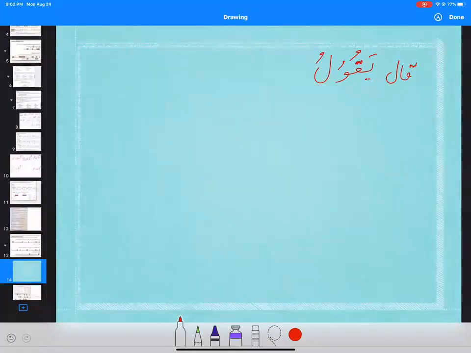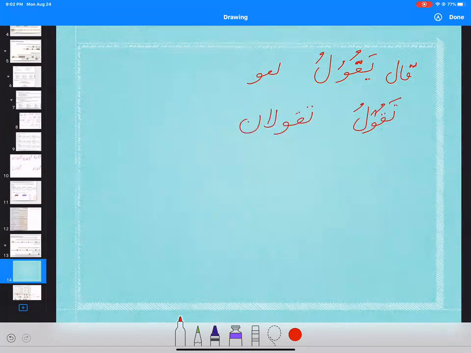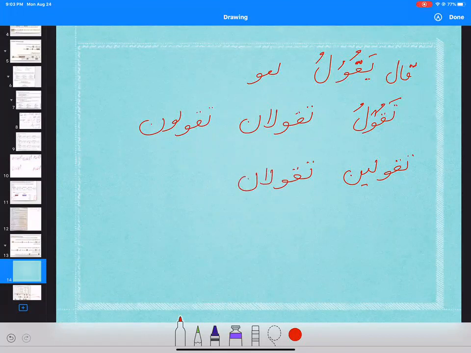So this is our huwa. So yaqulu, then huma would be yaqulan. Actually, we can go to anta. So anta would be taqulu, then taqulani and taquluna. Anti would be taqulina. Then we have the same taqulani. And antunna is taqulna.